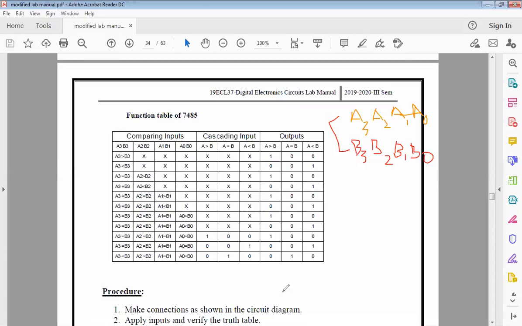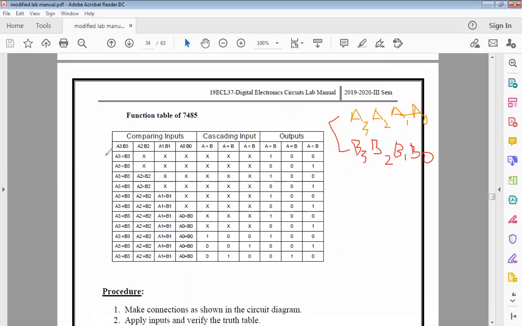What we are trying to see here is that we are comparing bit by bit, and we check if any one of the bits is higher, then it is going to be greater, or if it's not higher, then we can consider it as low. So here we are checking A3 and B3 because we do not have anything else.